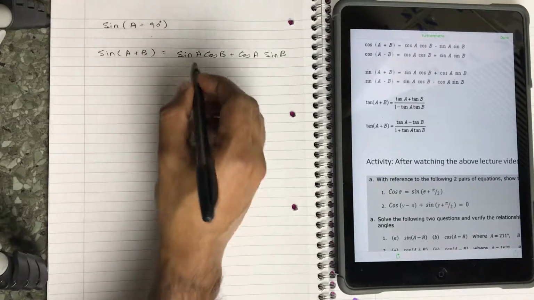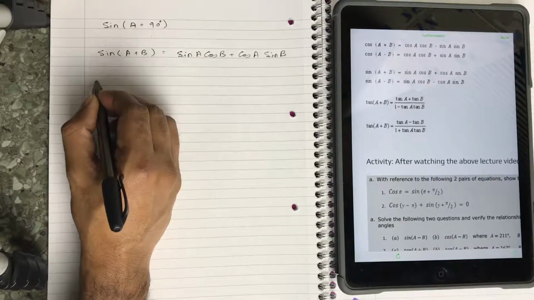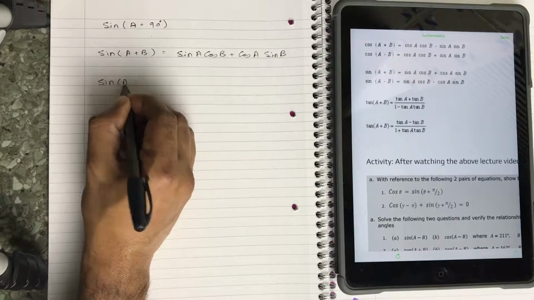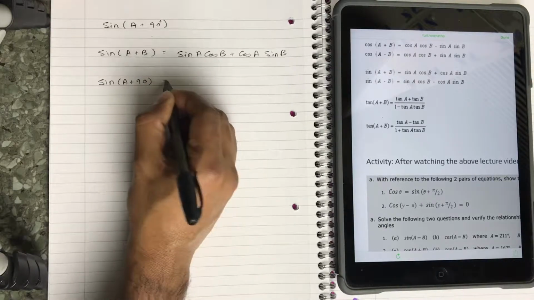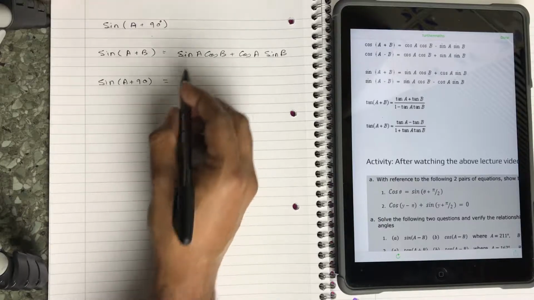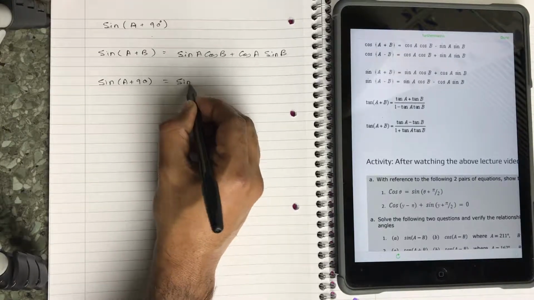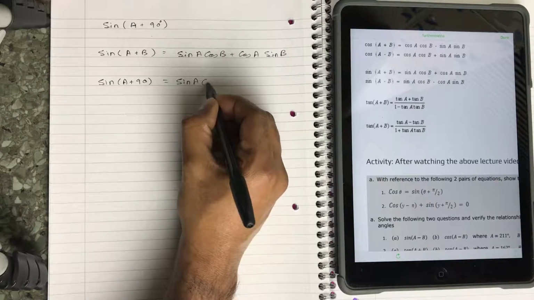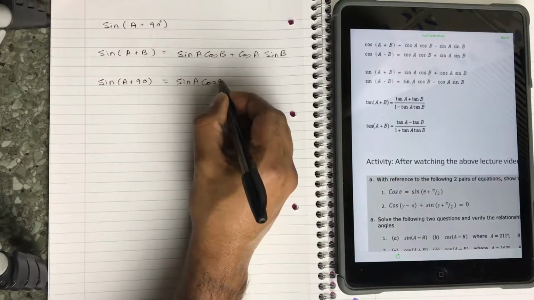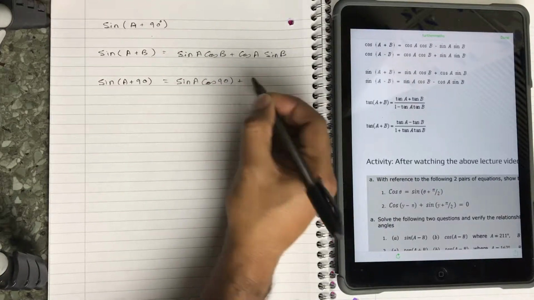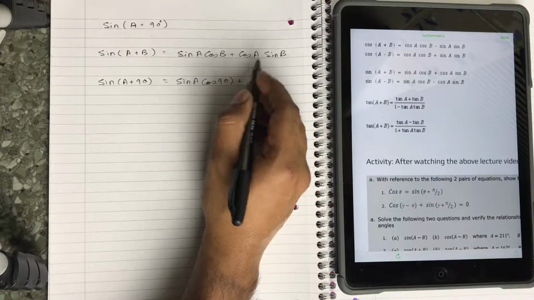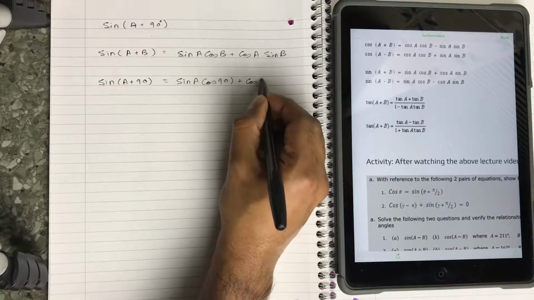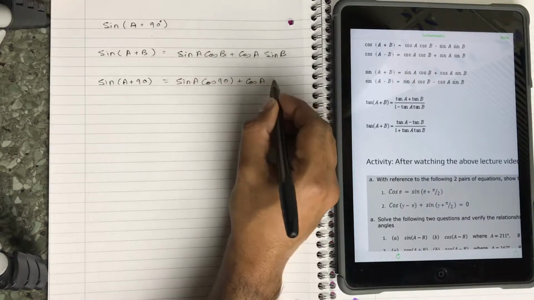Now I'm going to write this expression again, sine of a plus 90, which is going to be equal to, okay, now sine a is sine a, cos of b, which is cos of 90, plus cos of a is cos of a, sine of b is sine of 90.